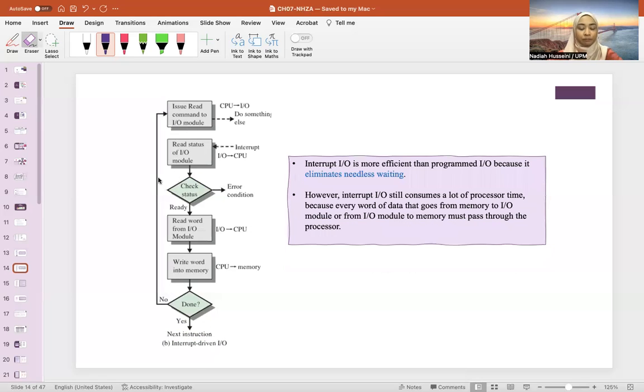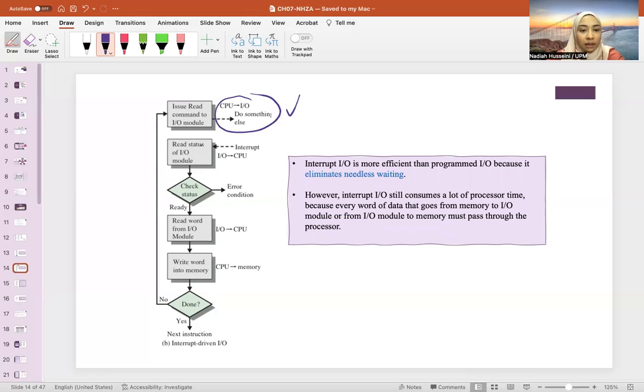Next one. We are talking about the interrupt-driven IO in this flowchart. The processor issues a read command to the IO module. The IO module is connected to the peripheral device, and the IO module will check the peripheral device. While the IO module is doing its thing, the processor can do something else.